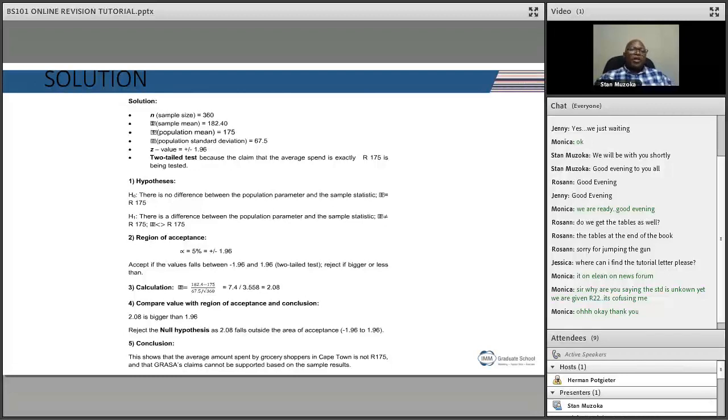N is the sample size. X bar is the sample mean. Mu is the population mean. Sigma is the population standard deviation. Z is the critical value, plus or minus 1.96.